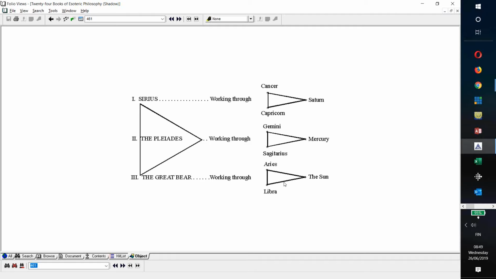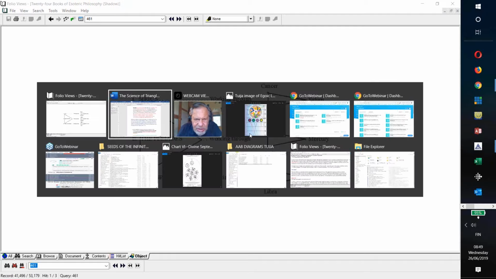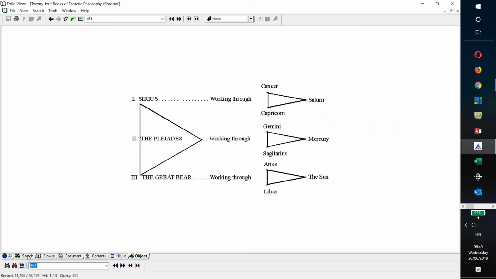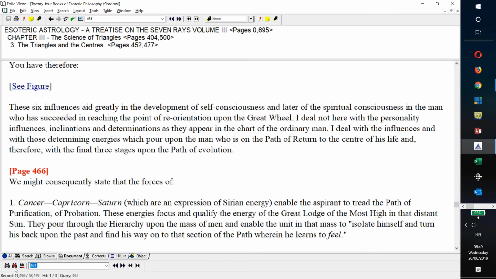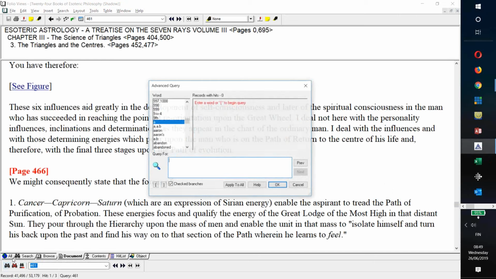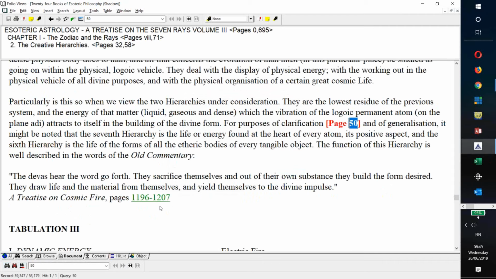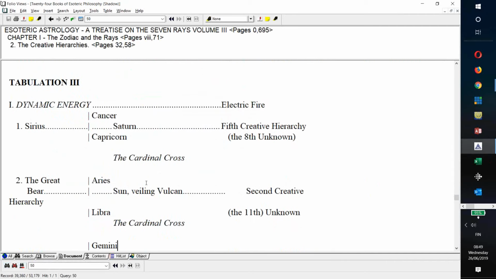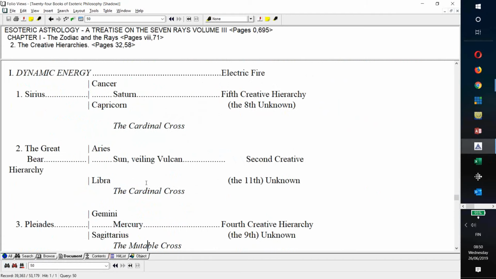And I think even if we turn to page 50 in Esoteric Astrology, let's give that a little bit of a look. We may find something similar. Yeah, we do find something similar right there, only it's a bit in reverse order.